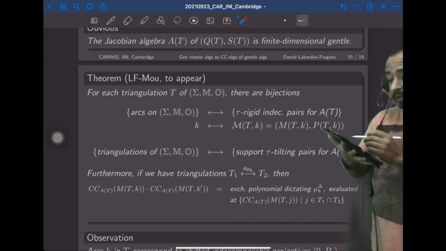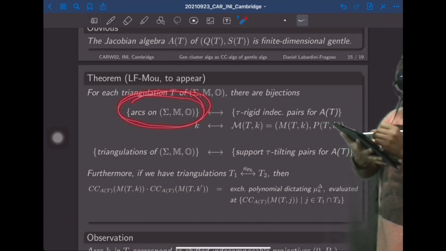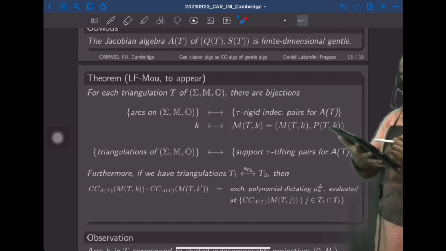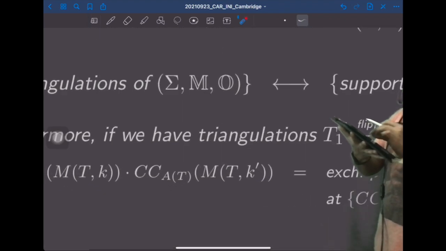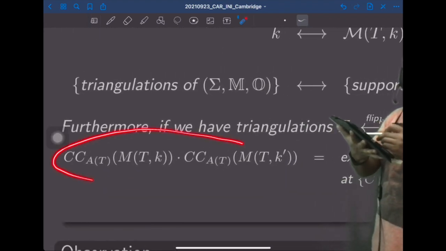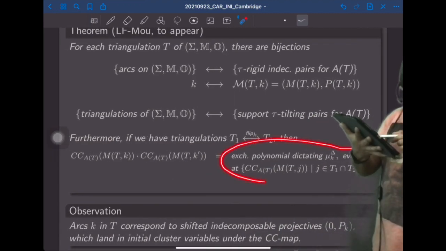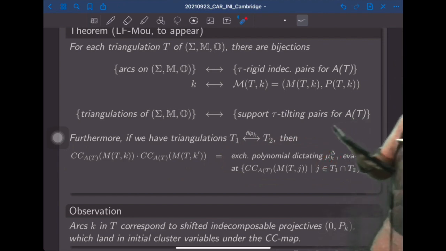Namely, there is a bijection between the set of arcs on the surface and the tau rigid indecomposable pairs. And when you have two triangulations related by a flip, then the associated Caldero-Chapoton functions satisfy the multiplication formula dictated by the Chekhov-Shapiro mutation.